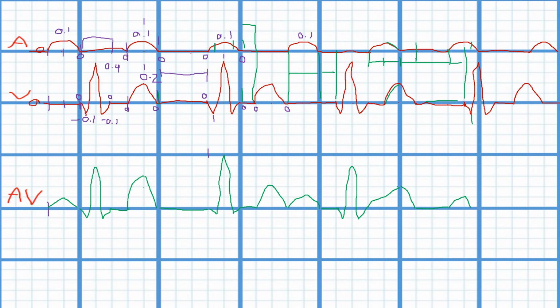Then we look over here, we've hit 0 in the atria, but in our ventricles, we're hitting 0.4. So right there. Now, on this part of the graph, there's nothing going on in the atria, but there's plenty going on in the ventricles, right? So we're just going to copy what's going on with the ventricles. We're going down to 0.1, and we're going back down to 0.